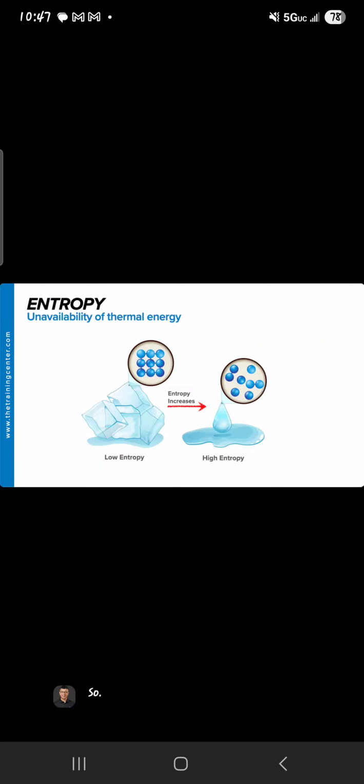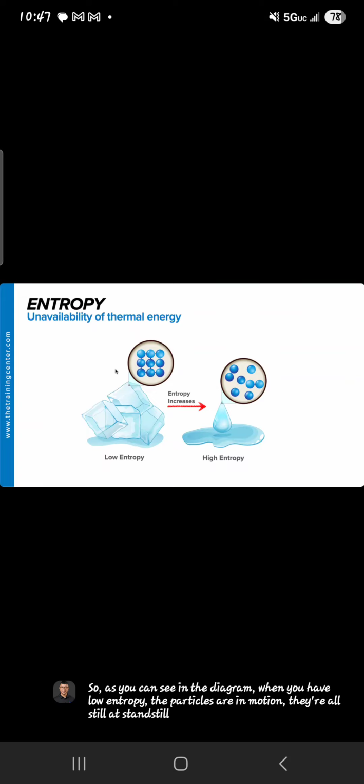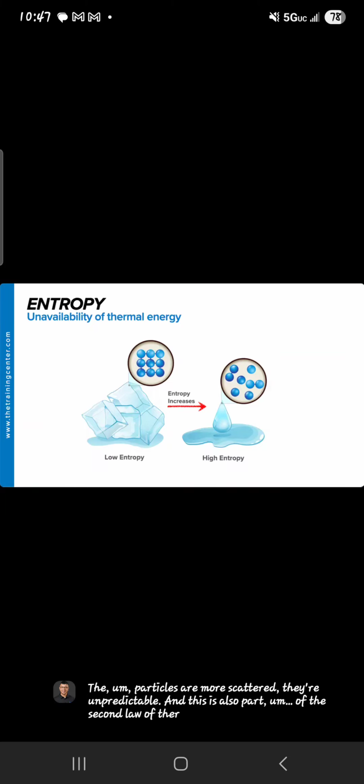As you can see in the diagram, when you have low entropy, the particles are all still at a standstill, in sequence. This is considered low entropy. Anytime you have high entropy, the particles are more scattered and unpredictable, and this is also part of the second law of thermodynamics.